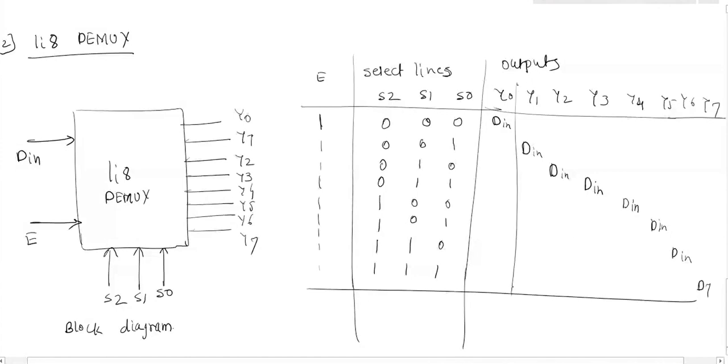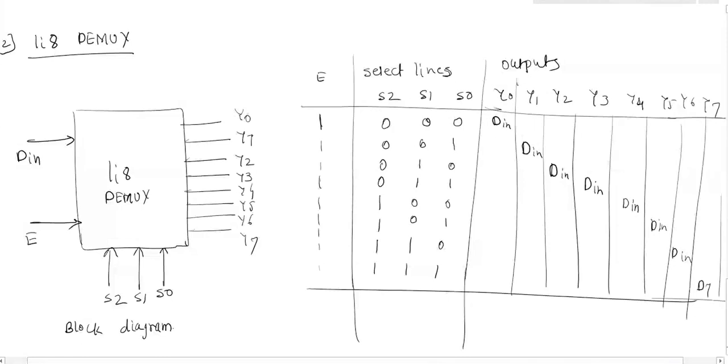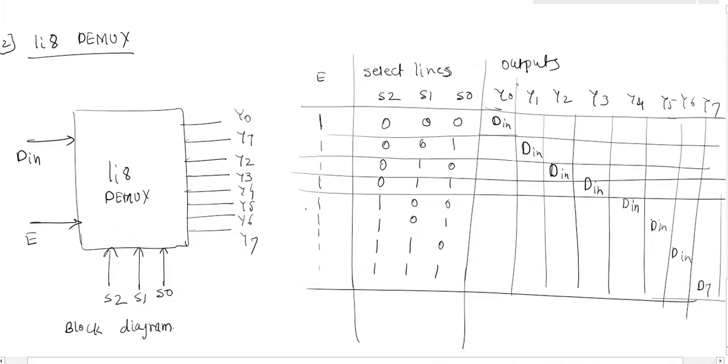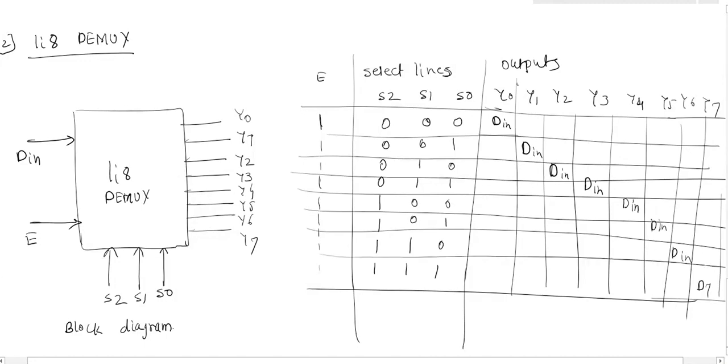Now you can show the truth table like this also. And so on. For the remaining times, you simply write down the outputs 0, 0, 0 on all the output lines.